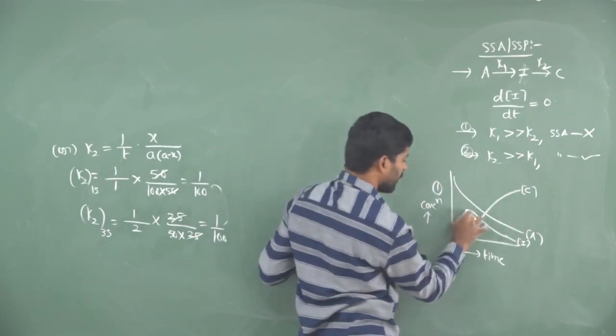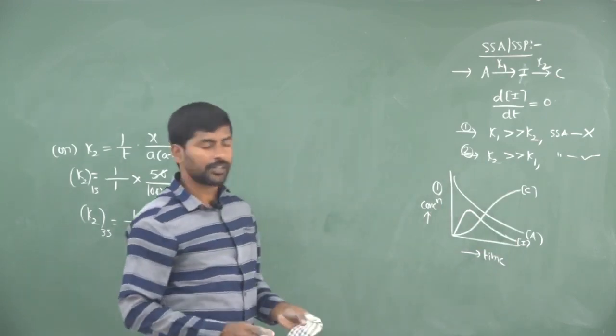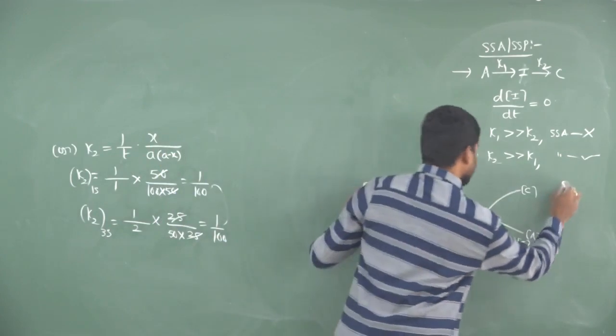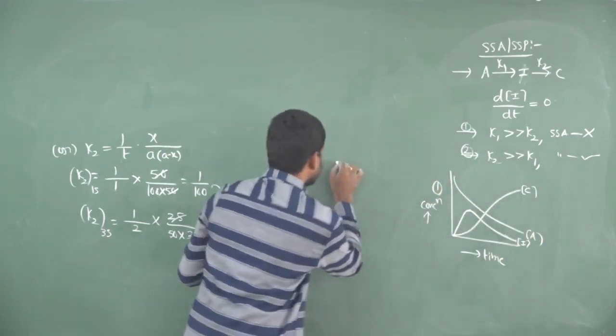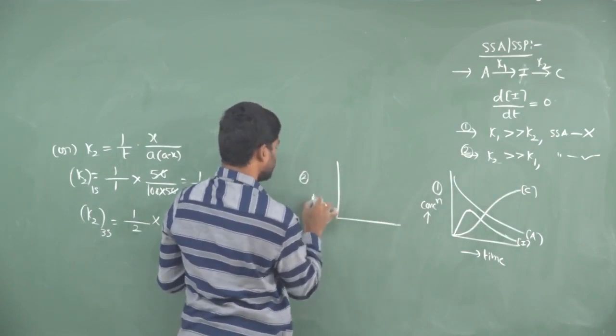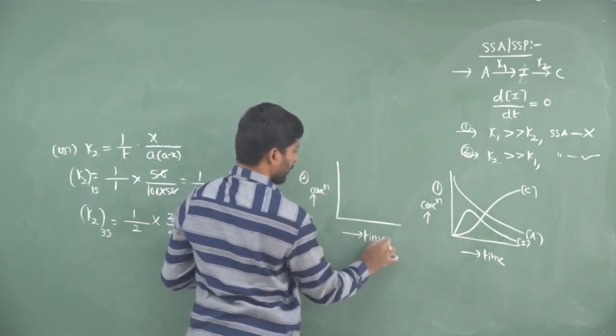Is the concentration of I maintained constant or not? Not maintained constant. So steady state approximation is not applicable. But in the second case, we will get a graph like this. This graph was also given once in TSDL.